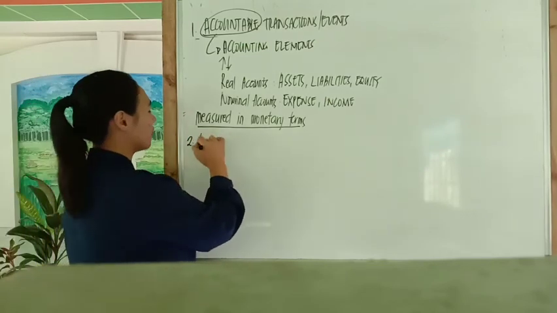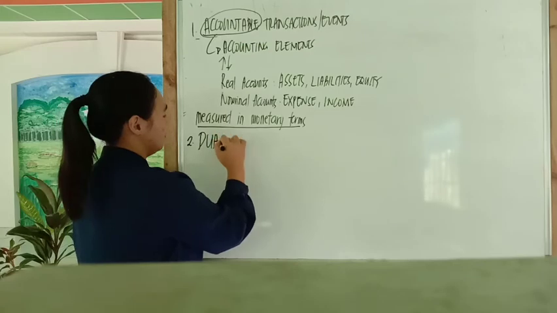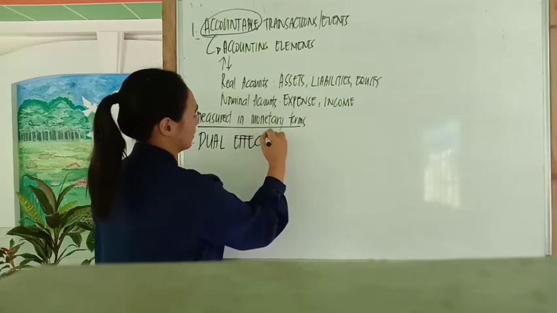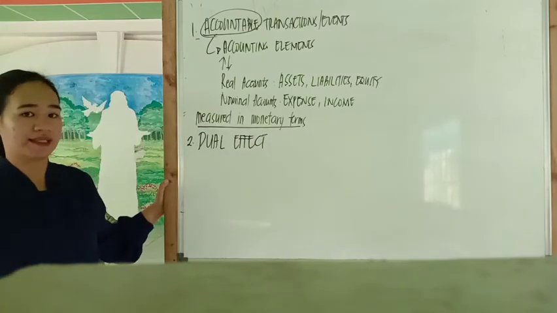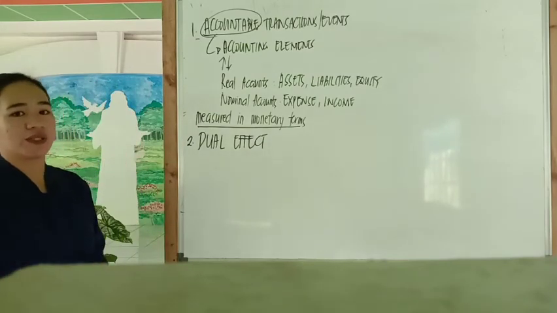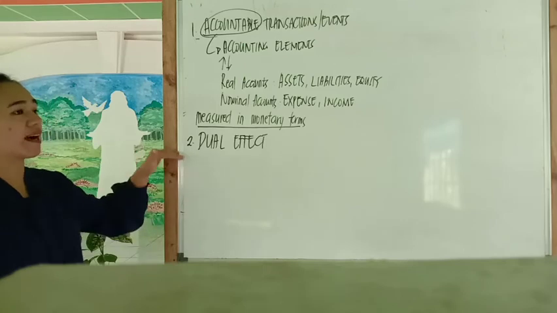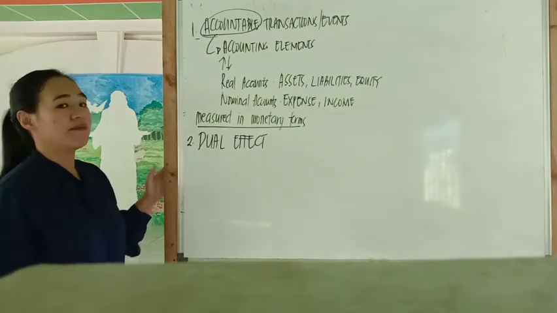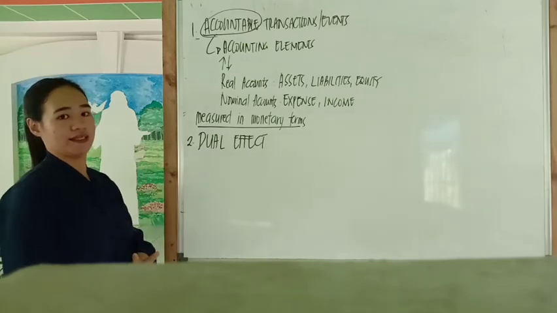Another thing that you are going to remember is the dual effect. In every transaction ng isang company or throughout the operation of the business, meron at merong dalawang effect.